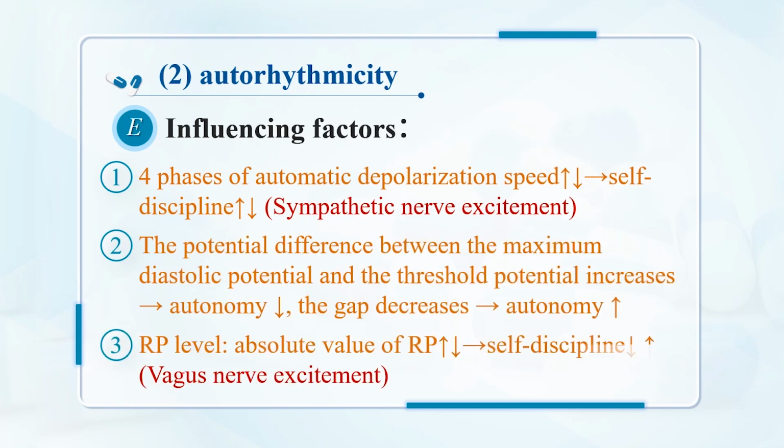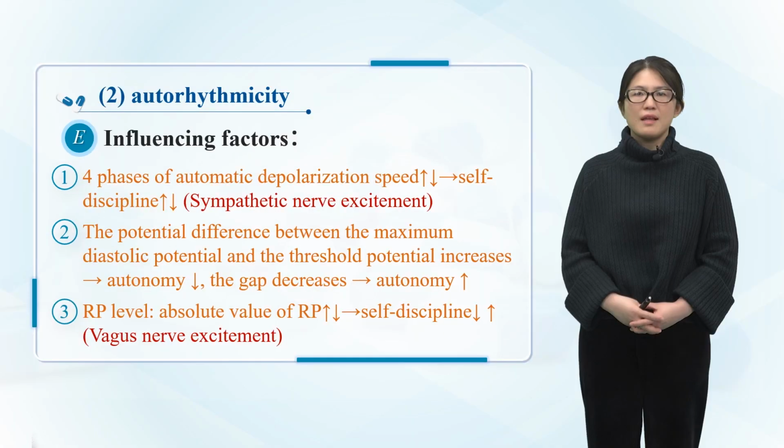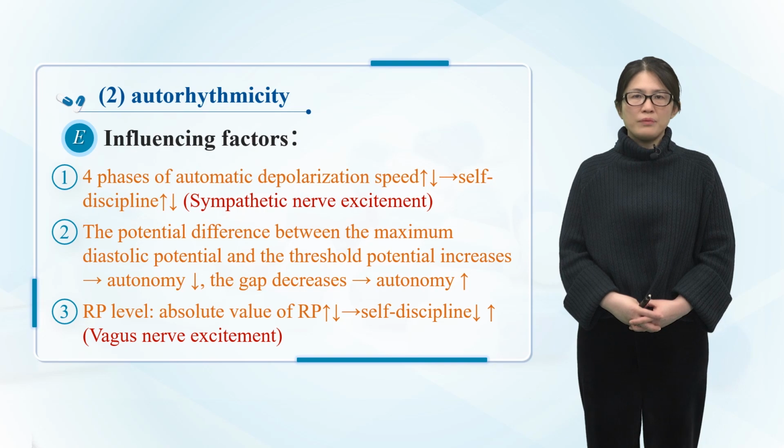After external overdrive stimulus ceases, the autonomic cells cannot immediately show their inherent self-regulatory activities, and it takes a period of inactivity before they gradually resume their own autonomic activities.